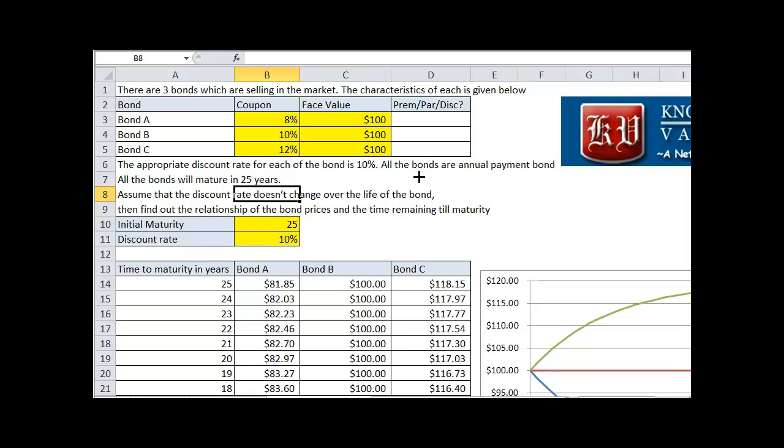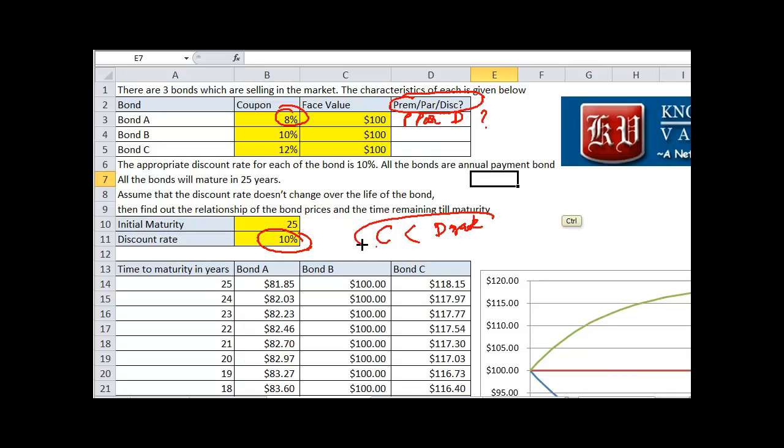We need to find out how the bond will behave with respect to the maturity. Please note that whenever the bond's coupon is less than the discount rate, or the market rate, you are getting less money from the bond. So you would say that I will not pay the entire face value, I will pay lower.